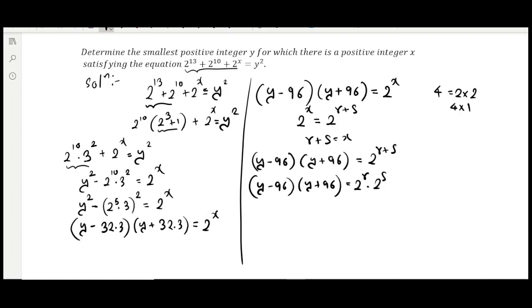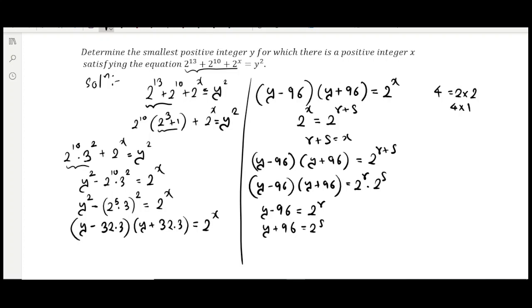We were sure that this is a multiple of 2, x times, so this will be equal to 2 raised to some power, and this will also be 2 raised to some power. We consider this to be 2 raised to power r, and this to be 2 raised to power s. So y minus 96 will be equal to 2 raised to power r, and y plus 96 will become 2 raised to power s.